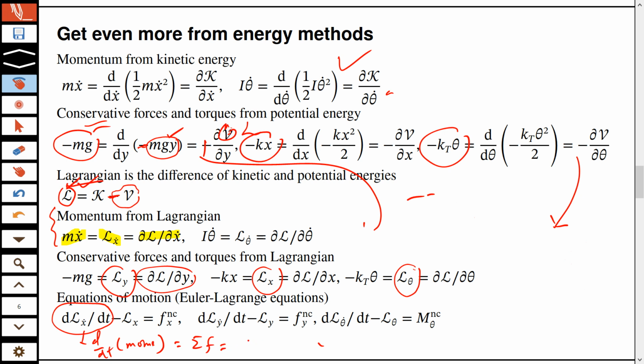That net force can be broken down into conservative forces plus non-conservative forces. Non-conservative forces are there as before, and conservative forces can be expressed as the derivative of the Lagrangian, just like this. Because this conservative force has to be on the right hand side, you only want to see non-conservative forces there.